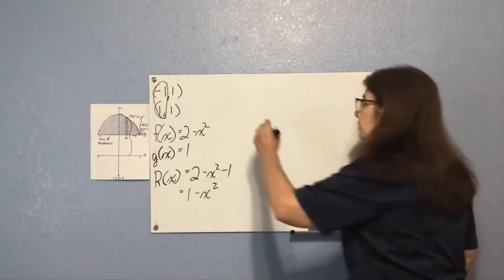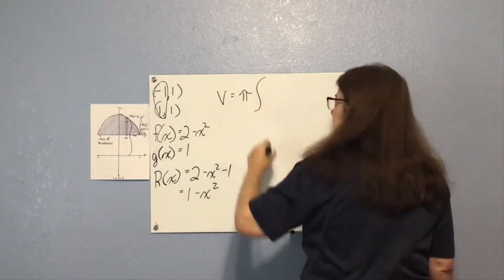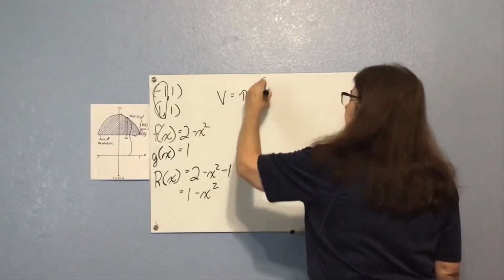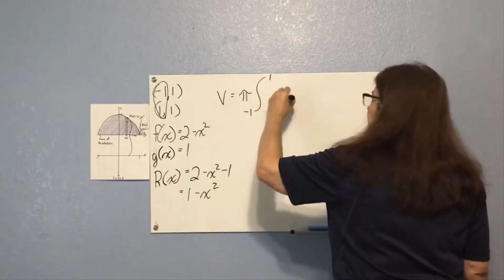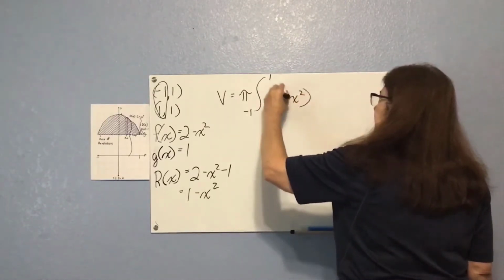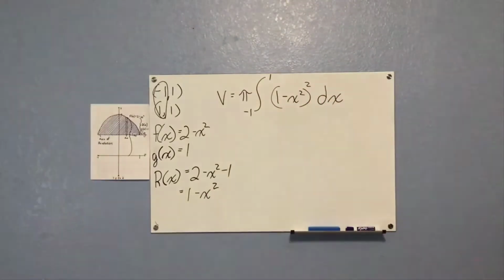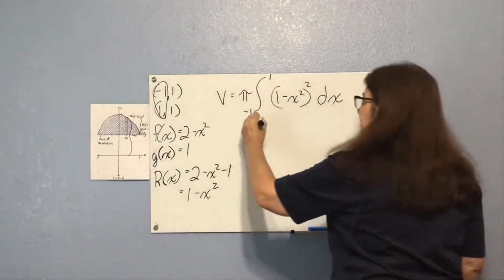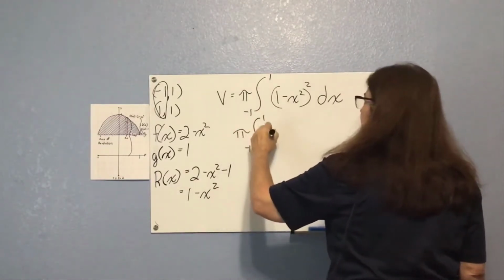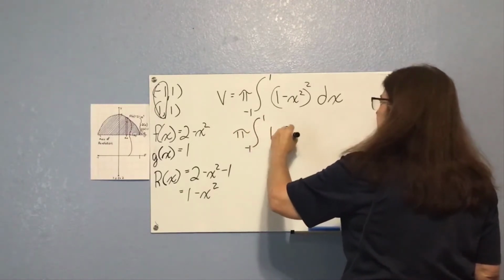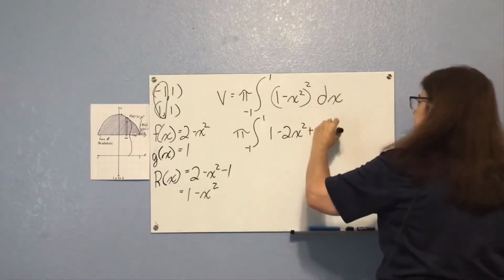So let's set up our integration. Volume is equal to pi times the integral from -1 to +1 of (1 minus x squared) squared dx. When I multiply this out, I'm going to get 1 minus 2x squared plus x to the 4th.